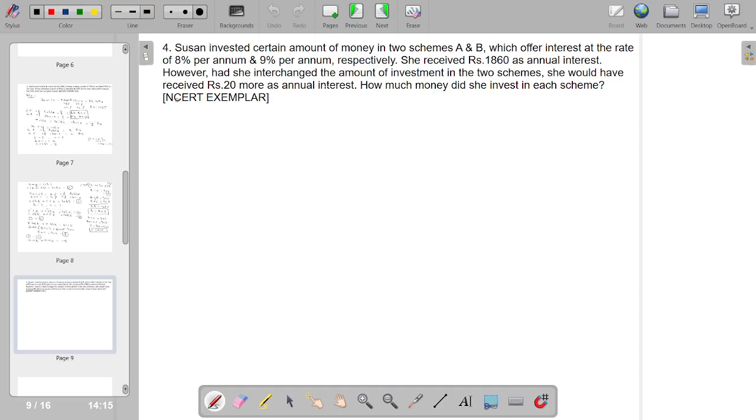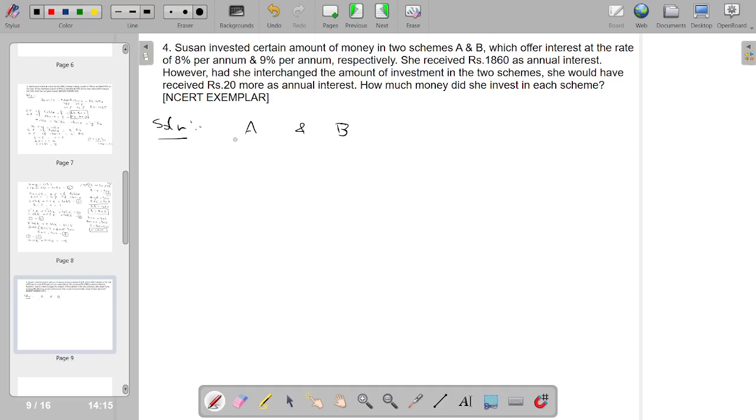So now I will write, see, Susan has invested in two schemes, A and B. How much money did she invest? We don't know that, we have to find that out actually.